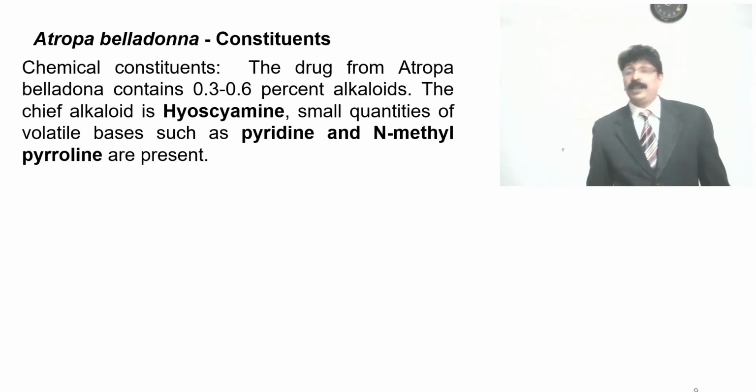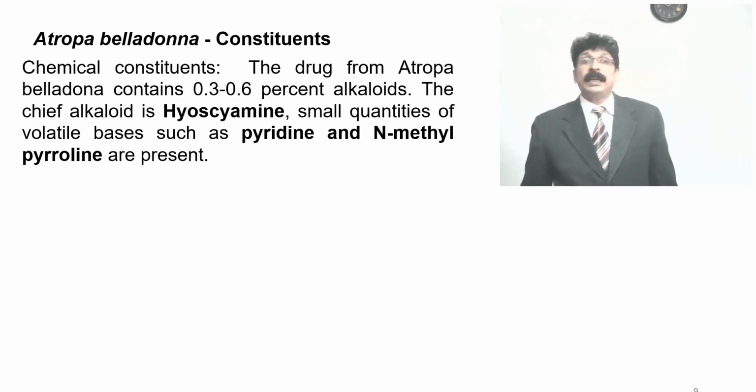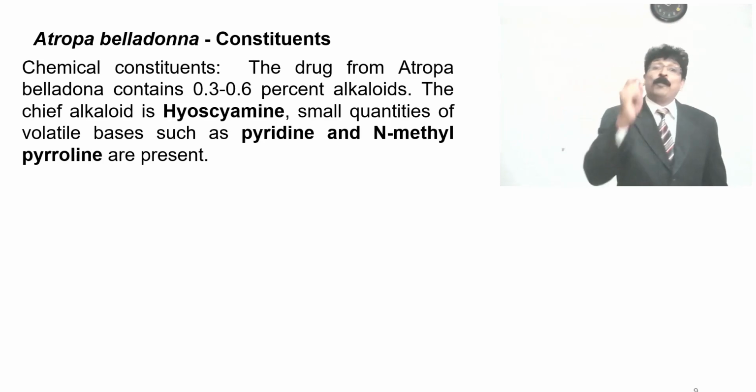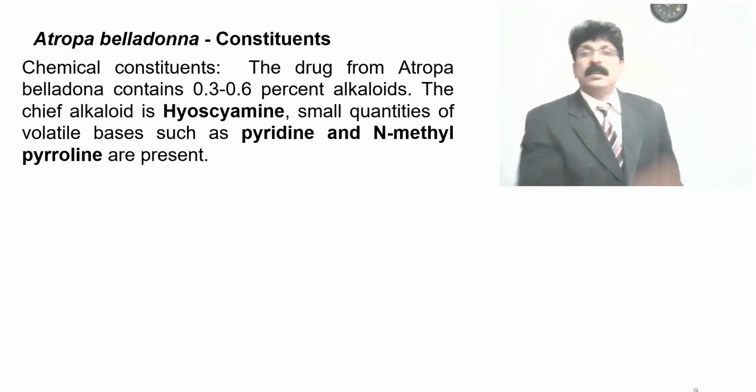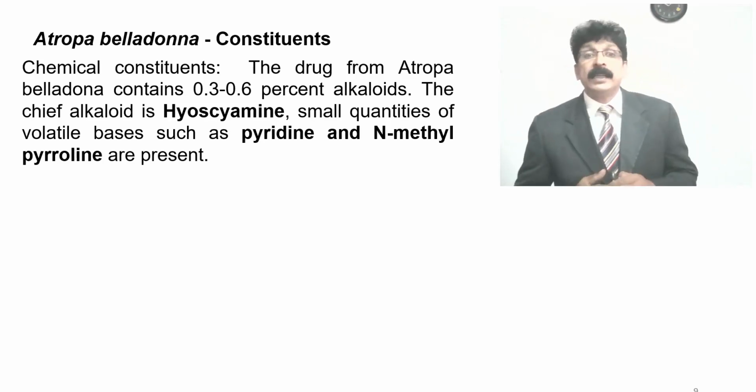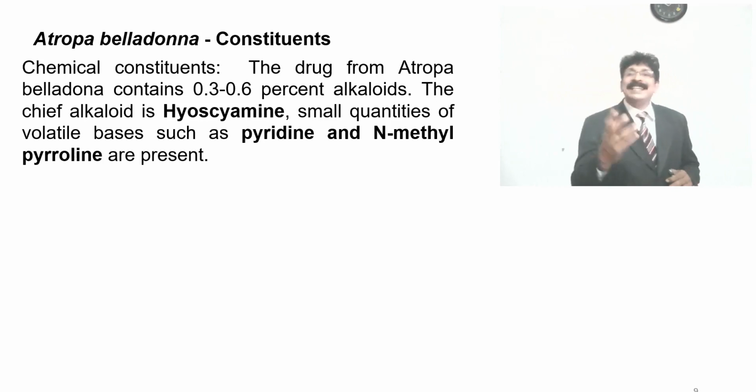Atropa belladonna constituents. Now we are talking about the chemical constituents, which we discussed in the beginning itself. The drug from Atropa belladonna contains 0.3 to 0.6% alkaloids. The chief alkaloid is hyoscyamine.